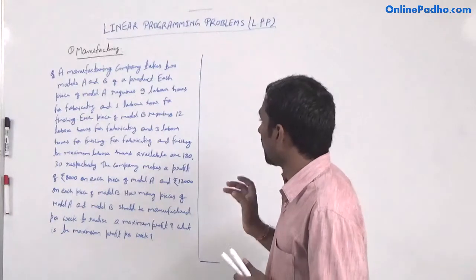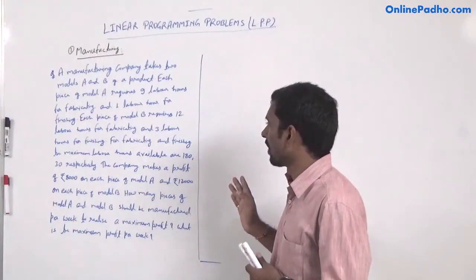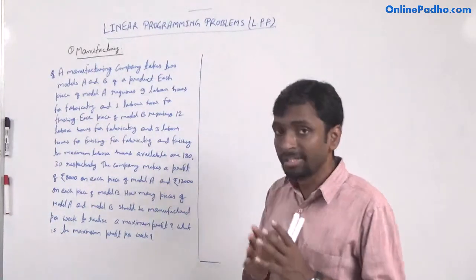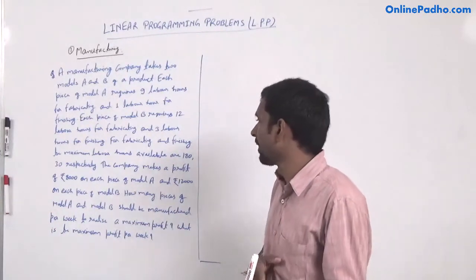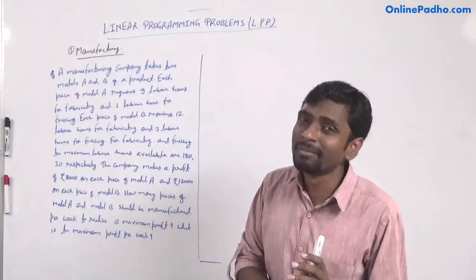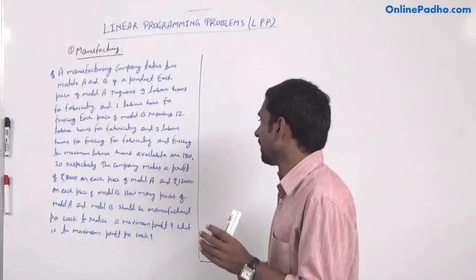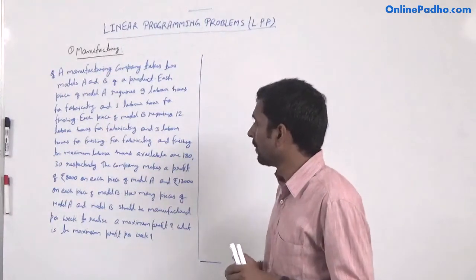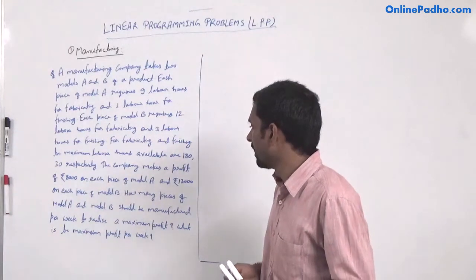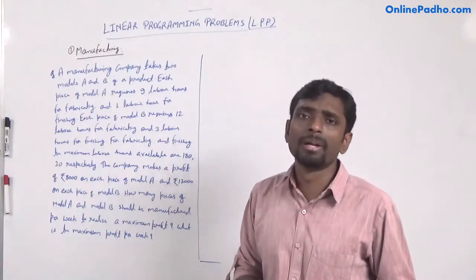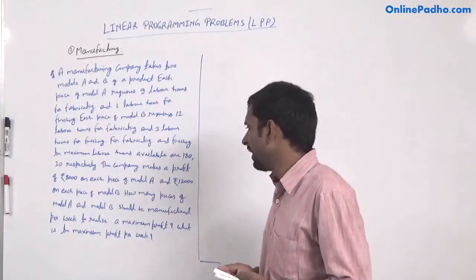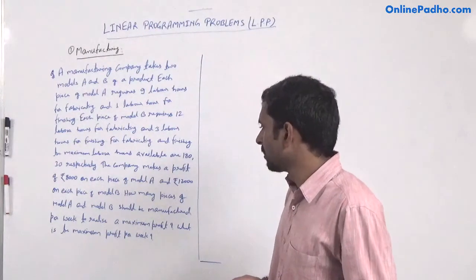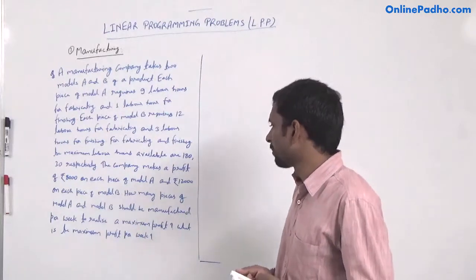And each piece of model B requires 12 labor hours for fabricating and 3 labor hours for finishing. For fabricating and finishing, the maximum labor hours are 180 and 30 per week respectively. The company makes a profit of 8,000 on each piece of model A and 12,000 on each piece of model B. How many pieces of model A and B should be manufactured per week to realize a maximum profit?